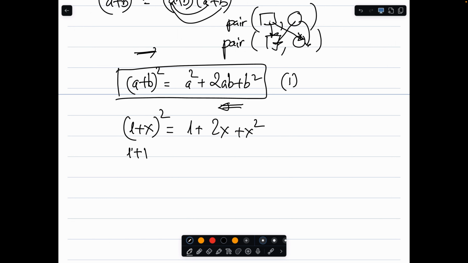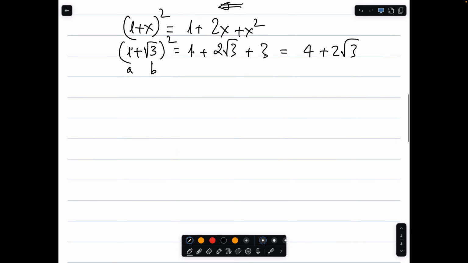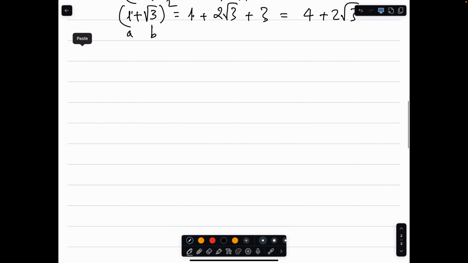1 plus square root of 3 squared. Now I'm going from left to right. It's easy. Just this is a, this is b, so a squared is 1, 2 square root of 3, and then this is the 4. Now this is what I'm trying to say.